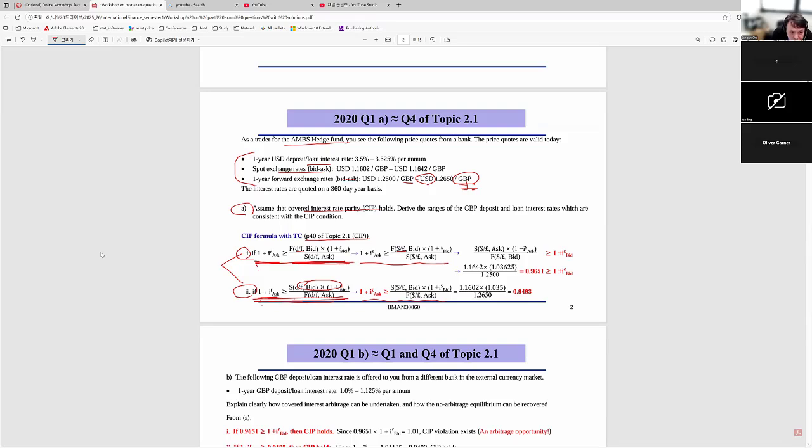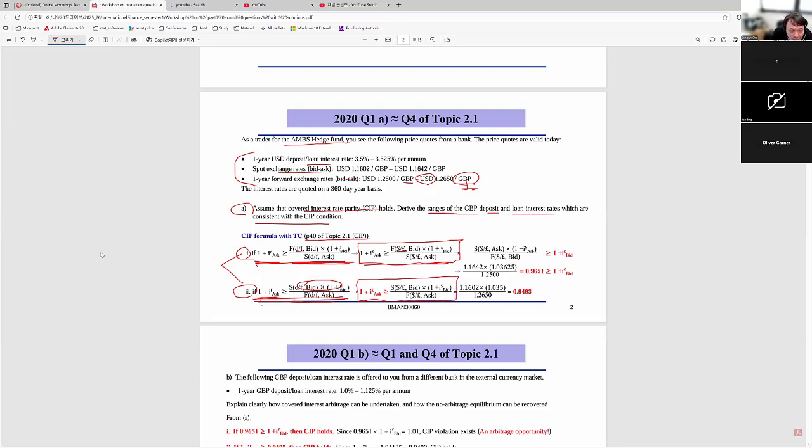Now, what is the question we are trying to solve here? We need to know the range of the pound deposit rate and pound loan interest rate which are consistent with the CIP conditions. That means we want to find the range of the pound bid rate given this inequality, and the range of the pound ask rate given this inequality.